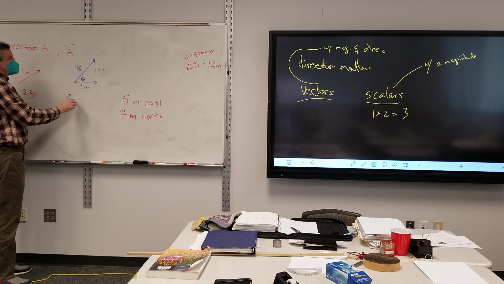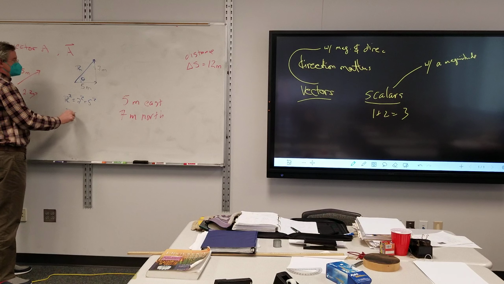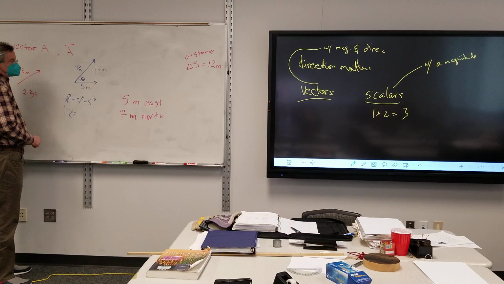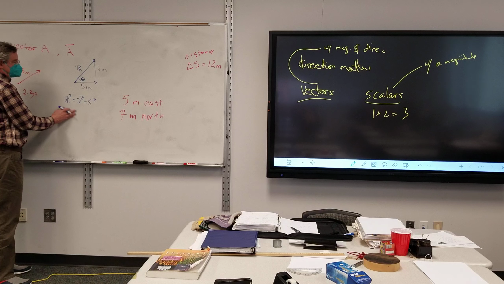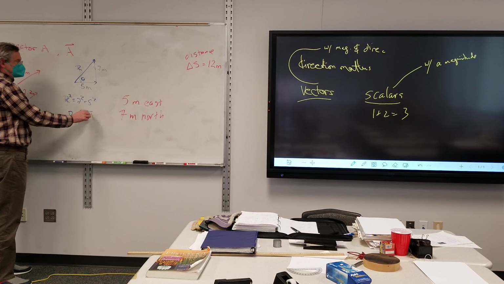So R squared is equal to 7 squared plus 5 squared. The magnitude of my resultant, going magnitude, I could just write plain old R equals the square root of 74.